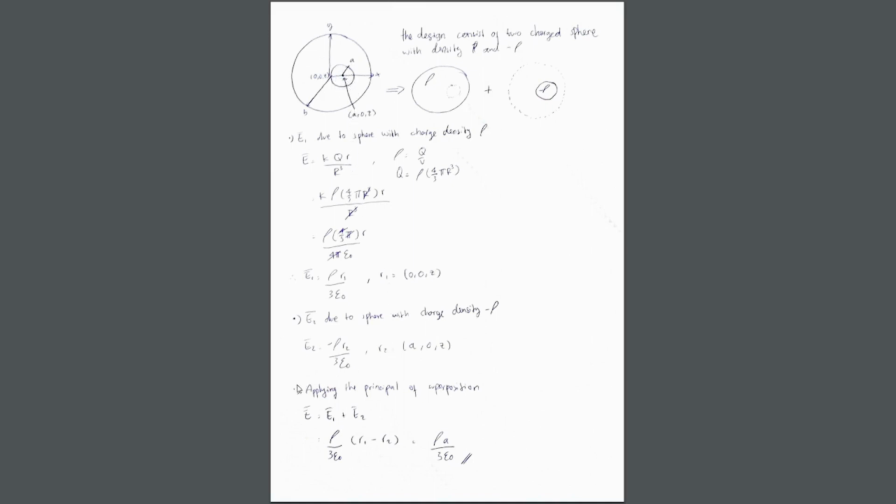After having E1 and E2, we apply the principle of superposition to get E, so E is equal to E1 plus E2. We get rho over 3 epsilon times R1 minus R2. So by the end, the answer is E equal to rho A over 3 epsilon.